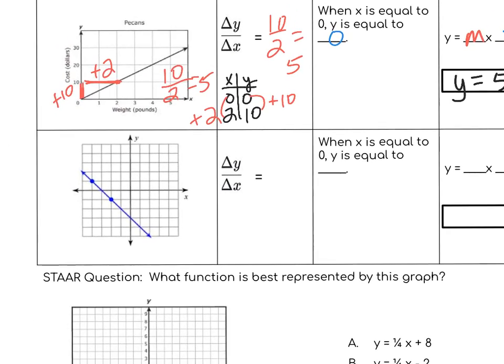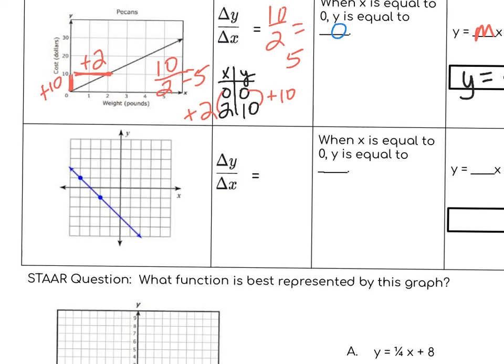Alright, now the last graph doesn't have any numbers on it, so we assume that all goes by 1. Okay, and I notice it's a negative slope, so I'm going to expect my answer to be negative. So if I use my graph and I do vertical change, that's up 2 over horizontal change to the left 2, kind of like when we were translating, right? So it's 2 over negative 2, which gives me negative 1.